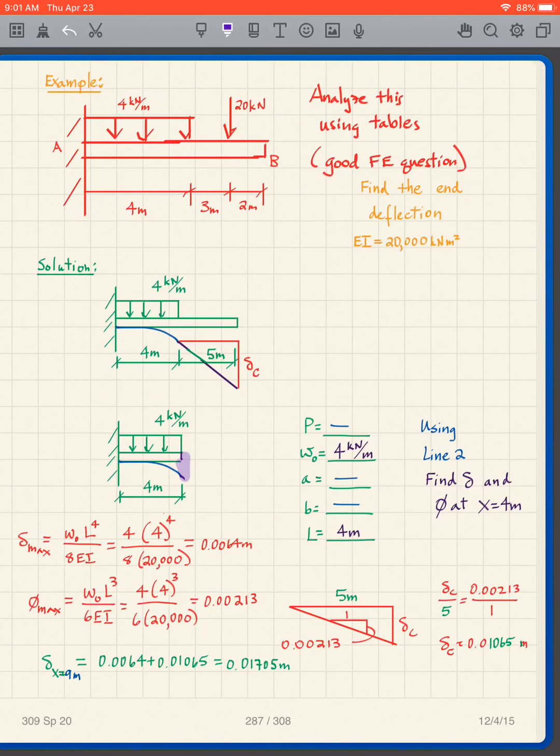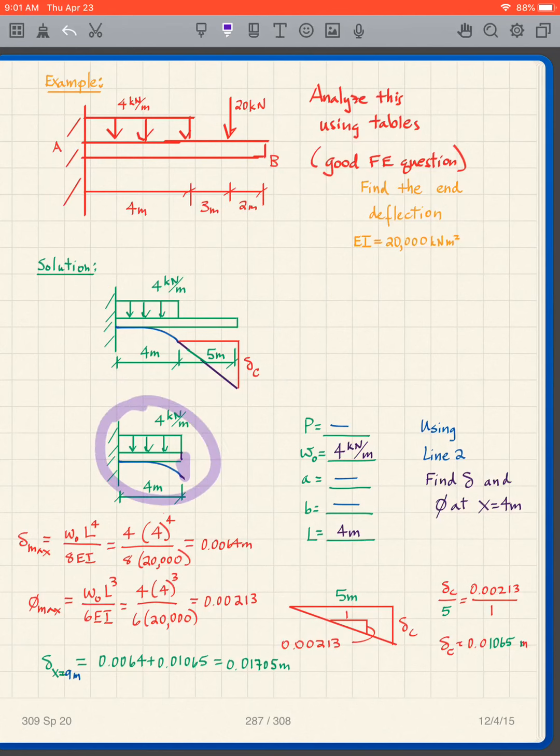The first one, we're going to just use the uniformly distributed load, and again, we know what that deflection is going to look like. It's going to look like that, and it's going to be a straight line if we analyze that problem. This problem is not in the table, but this problem is in the table.